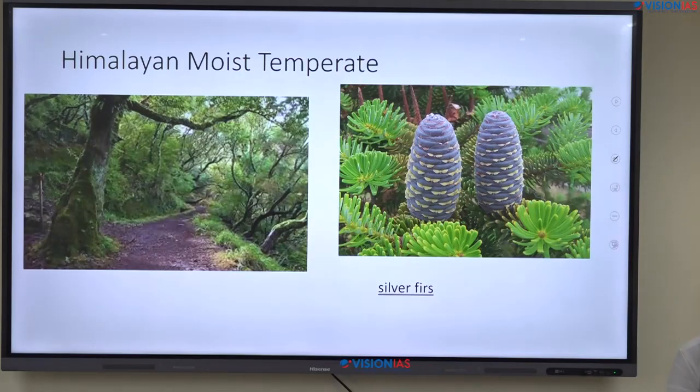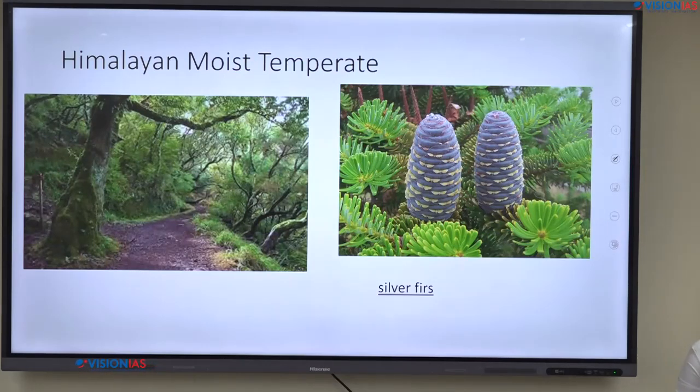Three patches are there. No, this is not Gujarat. Gujarat, that one that you are looking at, this is dry deciduous in Gujarat. Okay, so Kashmir, Himachal, and Uttarakhand.